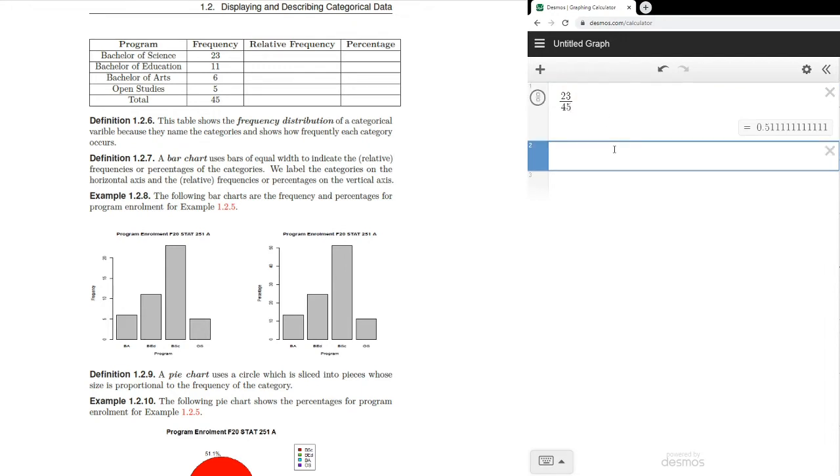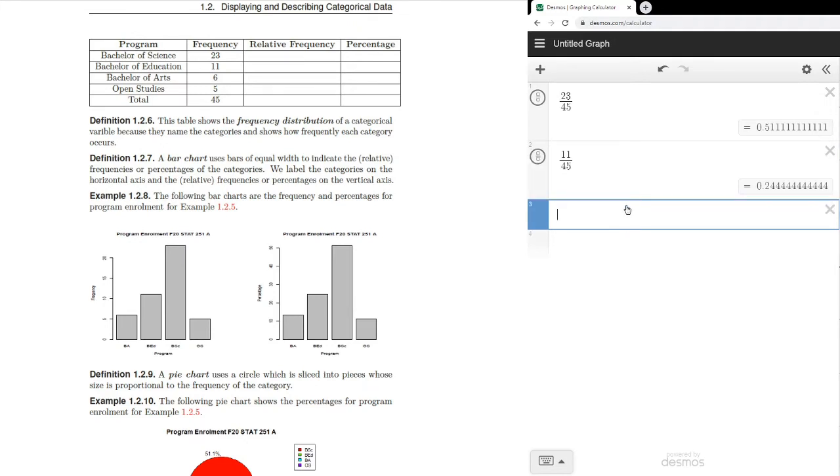For the Bachelor of Education, there are 11 students, and so its relative frequency would be 11 over 45, which is 0.24 repeating.